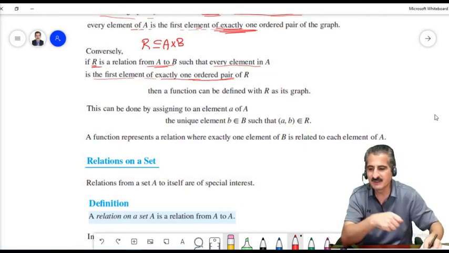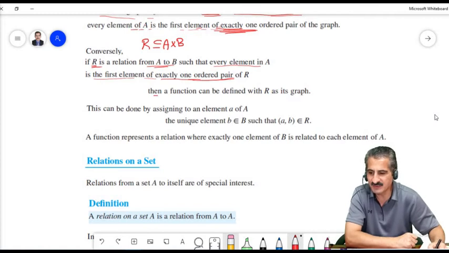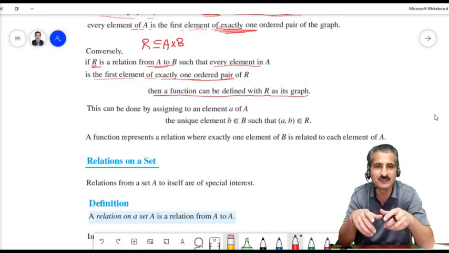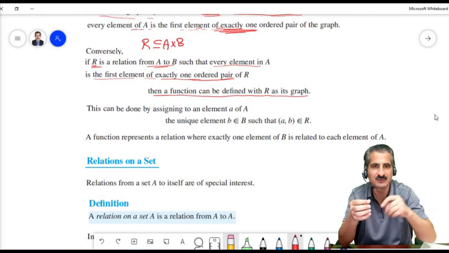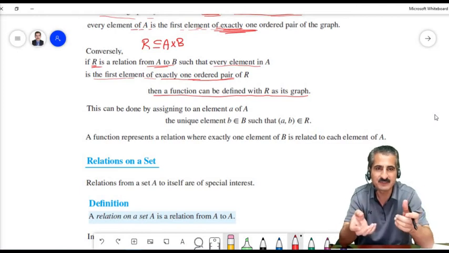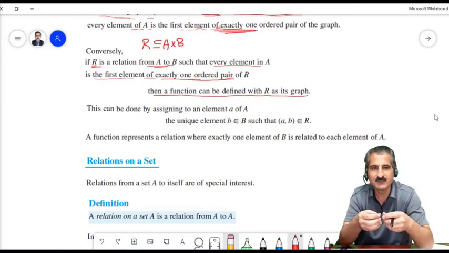Then that relation gives a function. Then a function can be defined with R as its graph, because R consists of ordered pairs, and you know ordered pairs are points, and then you connect them, you get a graph, right? So a function is defined with R as its graph. A function is defined upon a relation.